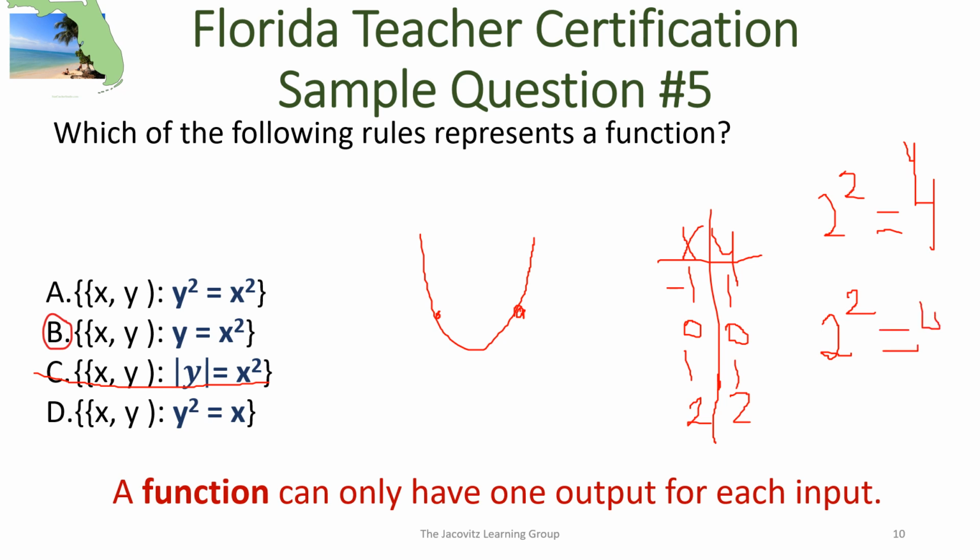It can't, because 4 squared is 16. So that's out. Can't happen. So let's scratch out A. So y squared equals the value of x. Again, y squared here would be 2 squared, which would be 4, which means that y would equal 4. That can't happen. So your only other choice is B.